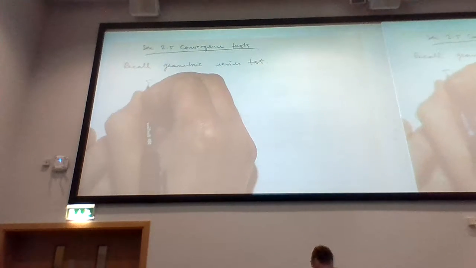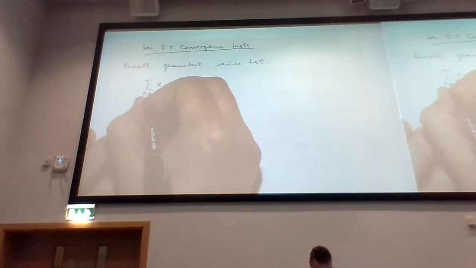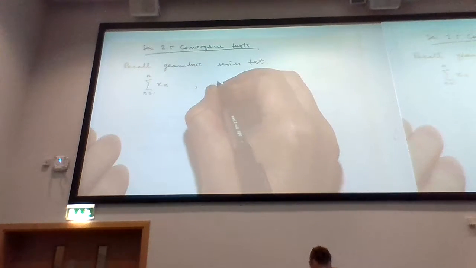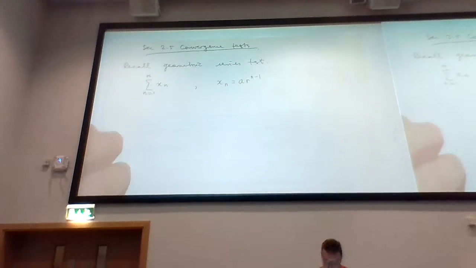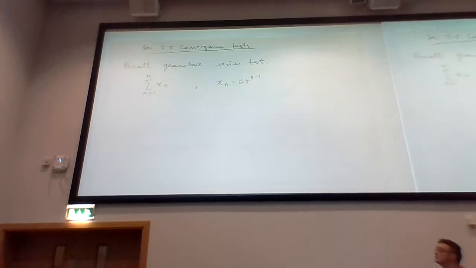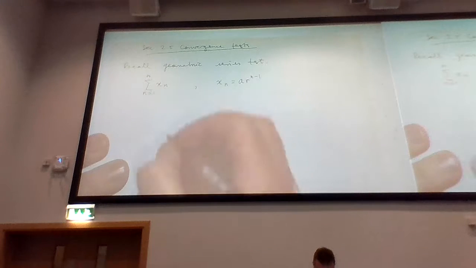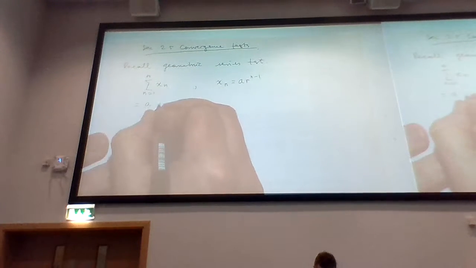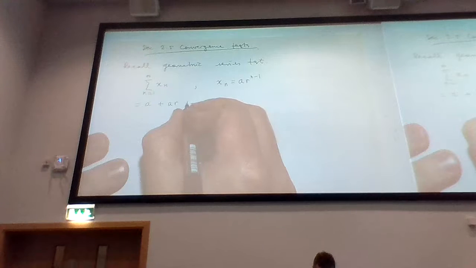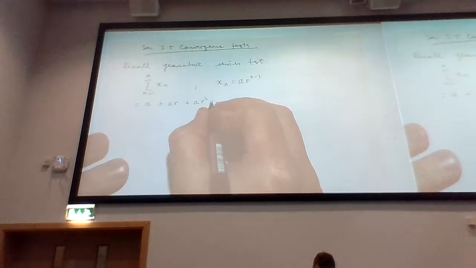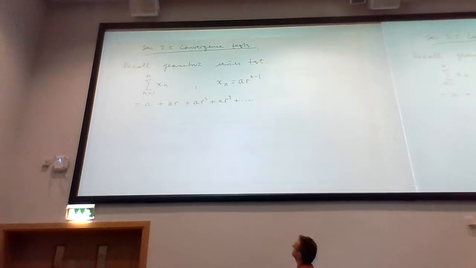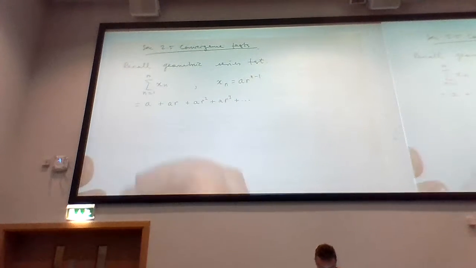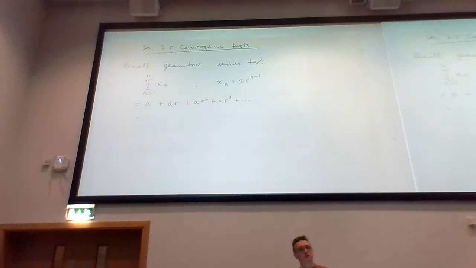So here we had a series, the sum of x_n, n equals 1 to infinity, where the form of x_n was always ar^(n-1). Some numbers a and r, so this series looks like a is the first term, then a times r is the second term, then ar squared, then ar cubed, etc., etc. Okay, so each term is generated by multiplying the previous one by r.